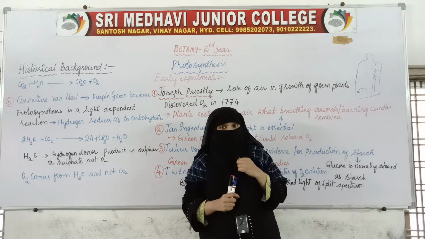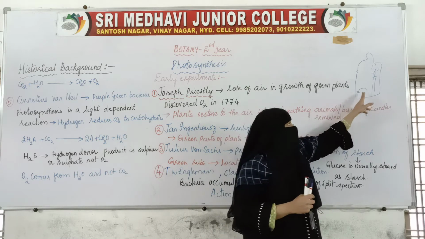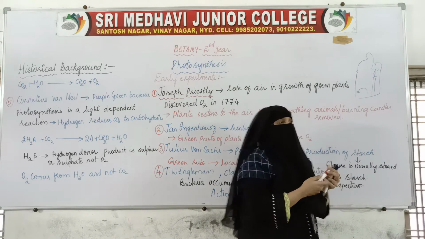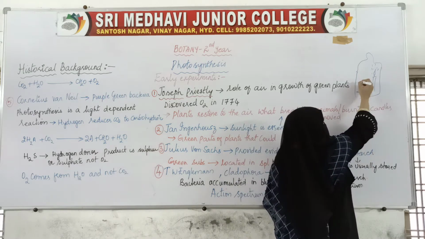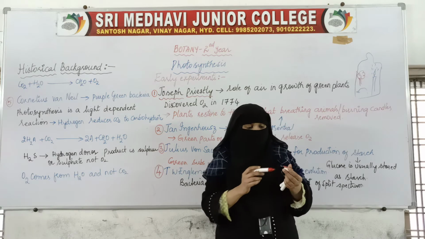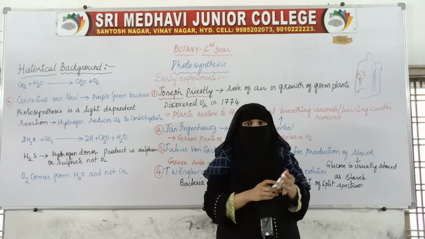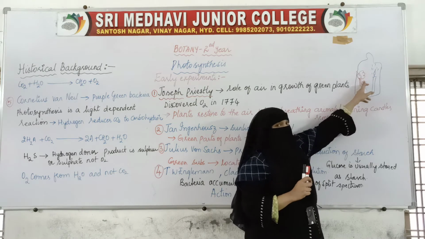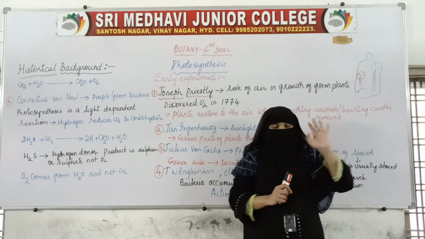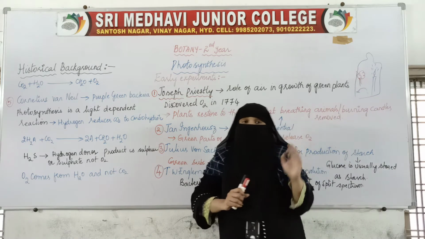Later, what did he do? Along with the mouse and the candle, he also put a mint plant inside the bell jar and kept it. Now three things are there: the plant, the candle, and the mouse.